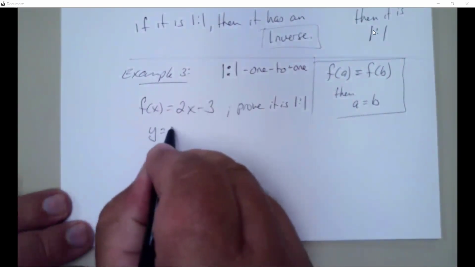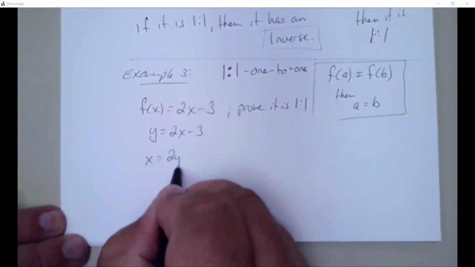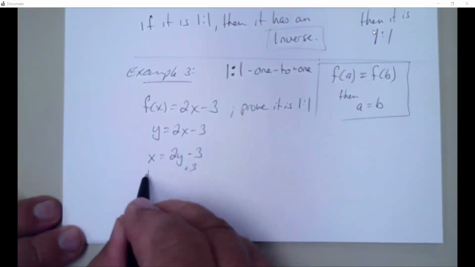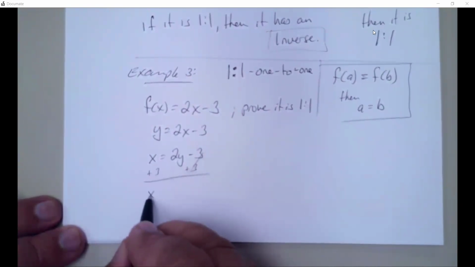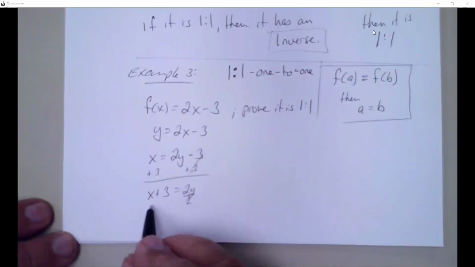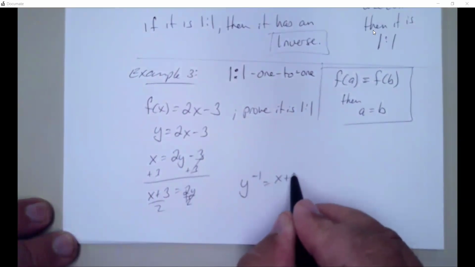So this is y, so we put y, and switch x and y. Then we add 3 to both sides: x plus 3 equals 2y. Divide by 2. The inverse function is (x plus 3) over 2.